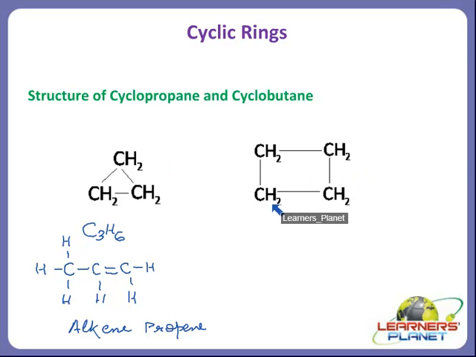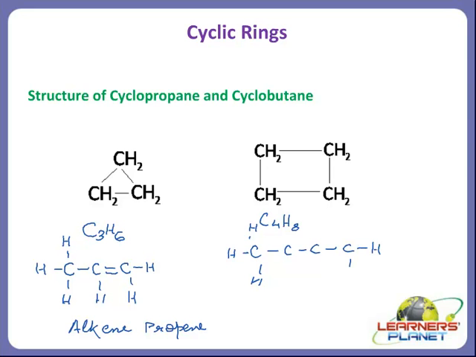Likewise, let's see the next structure. How many carbons are there? There are 4 carbons. So it is C4. How many hydrogens are there? Count it quickly. It is 8 hydrogen. So how can we write it? We can again make a chain. Now what I'm doing is I'll put on hydrogens so that I can know where I have to put the double bonds.